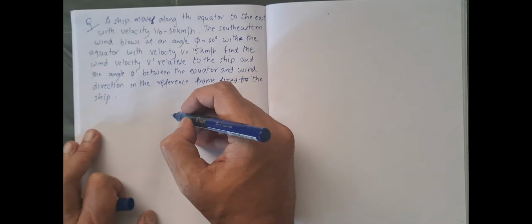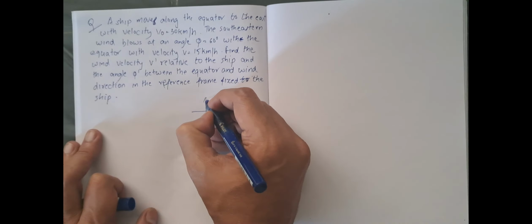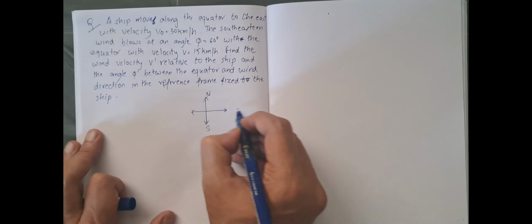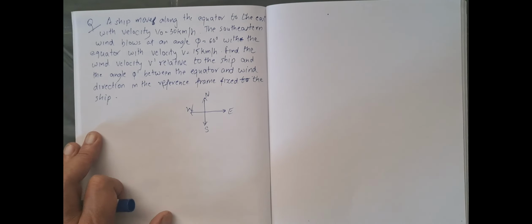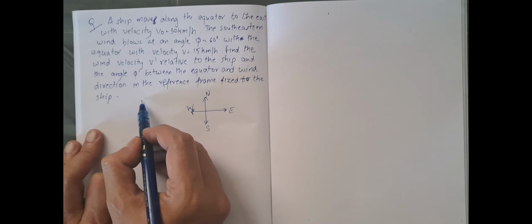Now it's very clear from this question that the first and foremost step in this kind of question is we draw a simple map of directions: north, south, east and west. This is how the directions are, and say there is this earth.